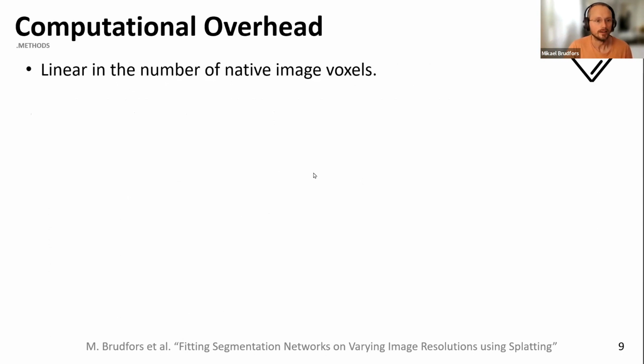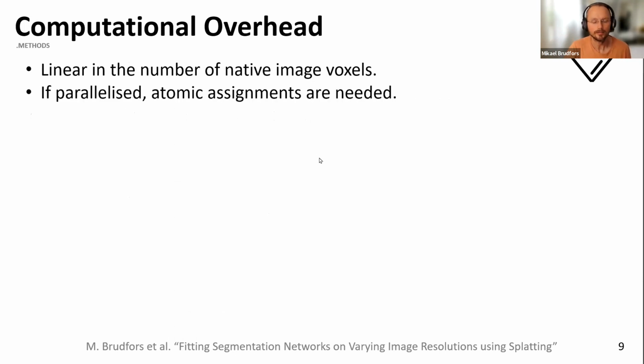Okay, so there is a slight computational overhead in splatting. It's not that big, but there's some of it. So let me just talk you through that. The actual operation is linear in the number of native image voxels. So that's like resampling, there's no difference. But if the operation is parallelized, since you can push voxels into the same locations, you need atomic assignments to avoid collision.